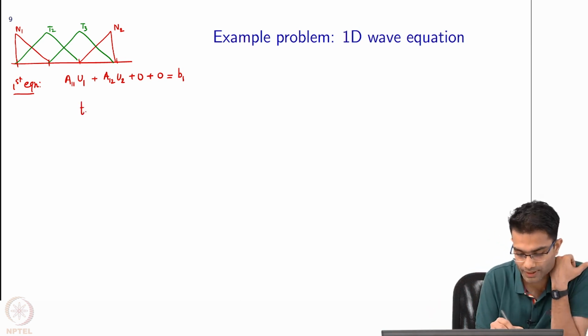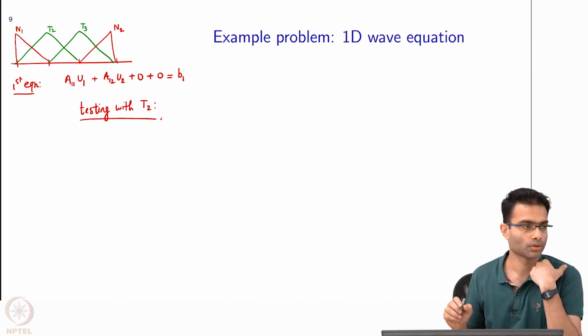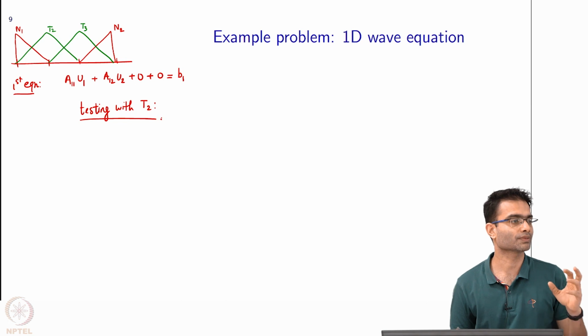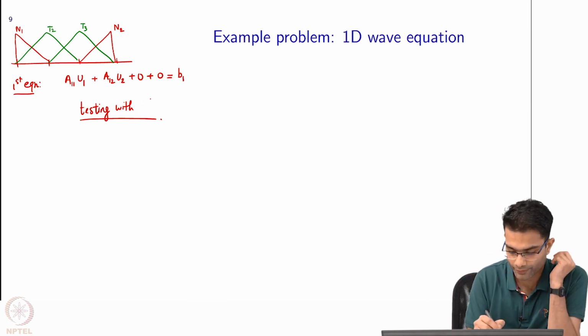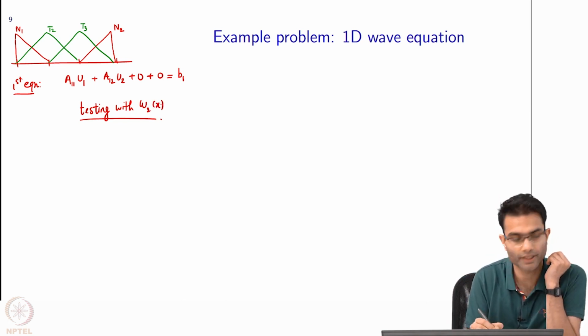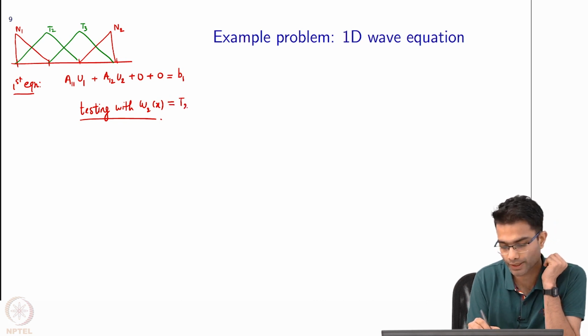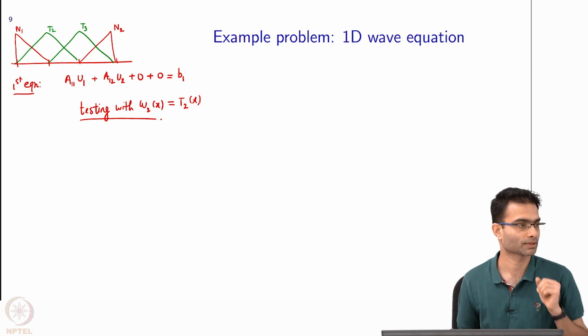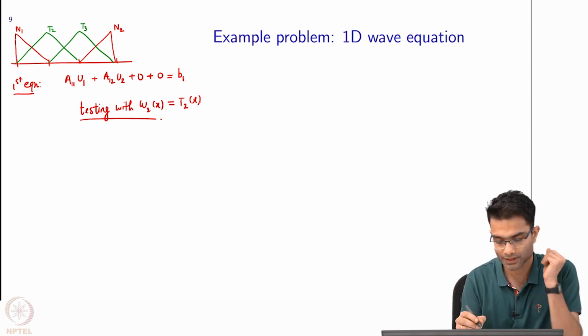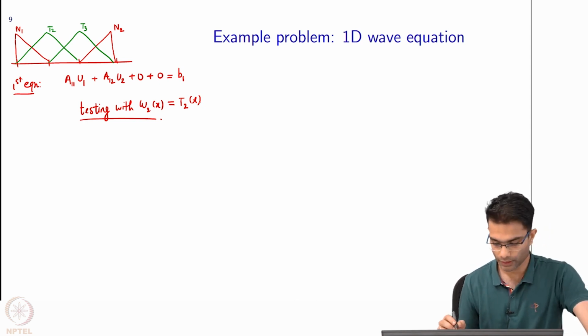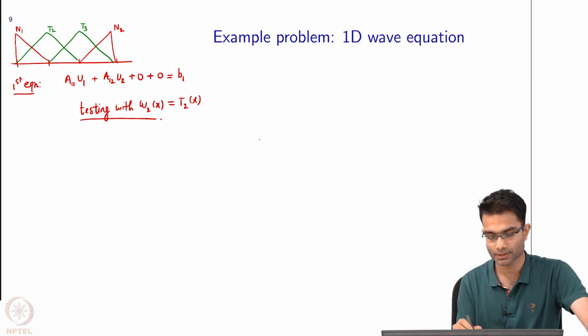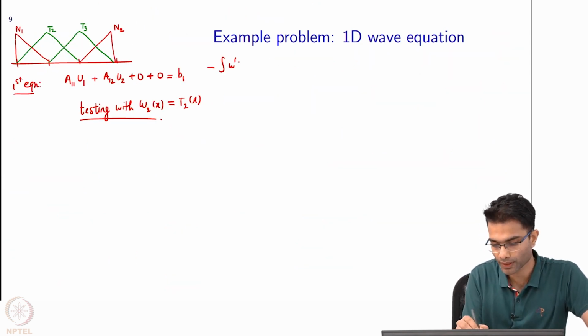Now let us do testing with T2. Okay. So we have to test with, let us say, weighting function 2. We did with weighting function 1. Now we have to do with weighting function 2, which is T2(x). Okay. And that will give us a general idea. So now we will look at the first term, minus integral of w prime(x) u prime(x) dx.